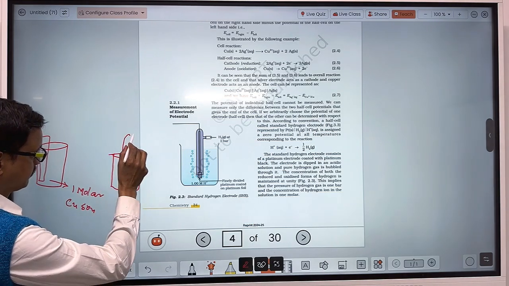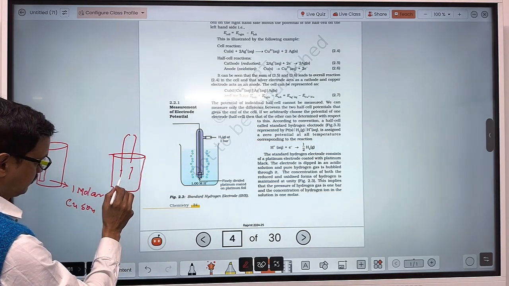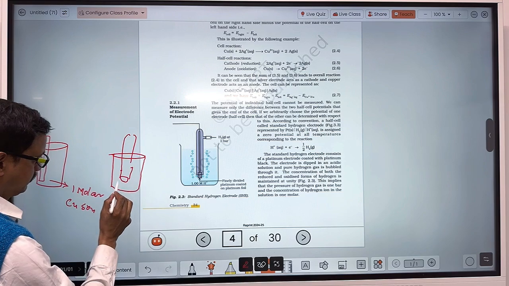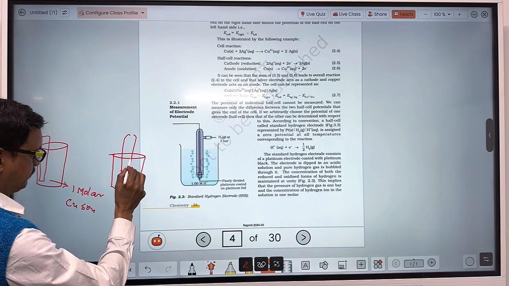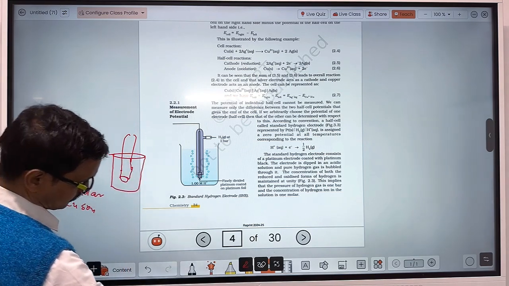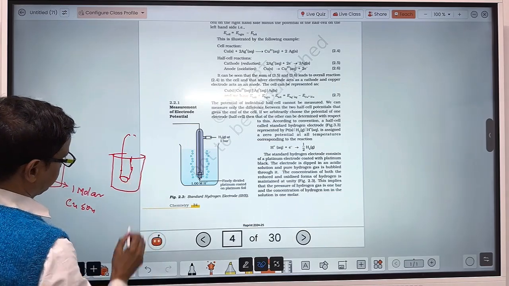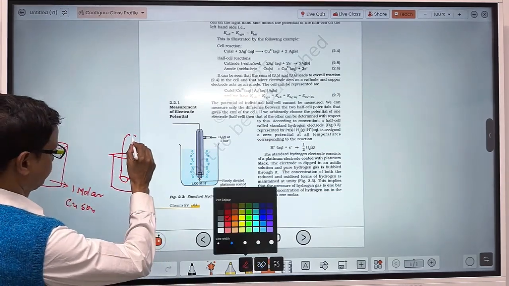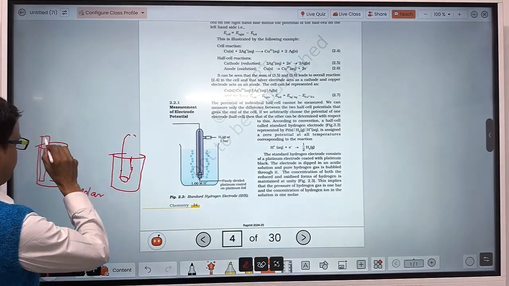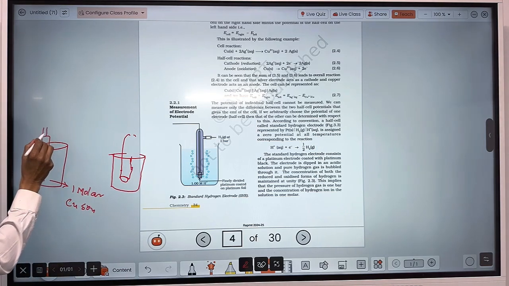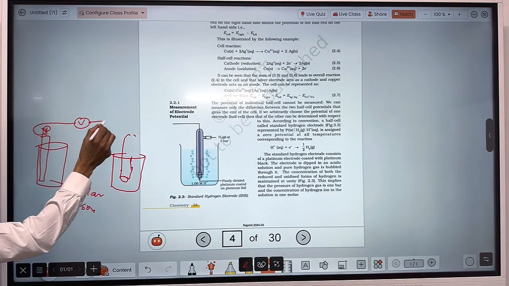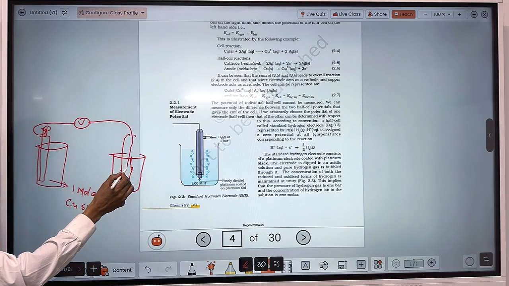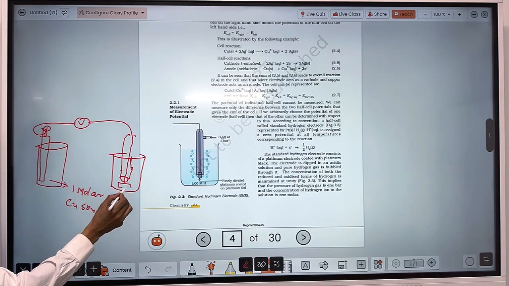The copper rod is connected through a voltmeter to the platinum foil of the hydrogen electrode.